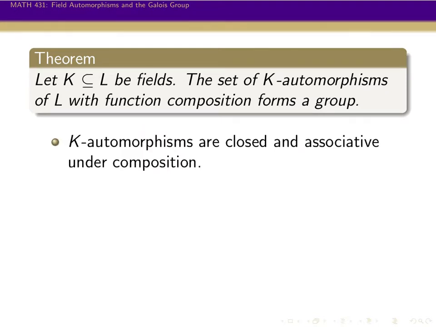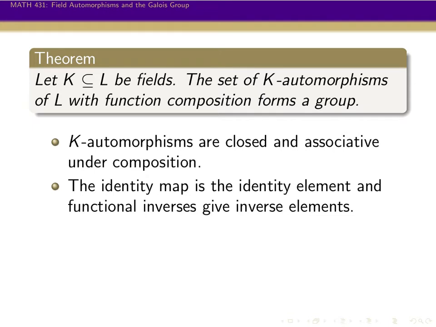So this actually is pretty simple to see. So K automorphisms are closed. So if you take the composition of two K automorphisms, you're still going to have an automorphism of L, and if both of them fix elements of K, when you compose them, they still are going to fix elements of K. And functions, by definition, essentially, are associative. And so we get that K automorphisms are closed and associative under composition.